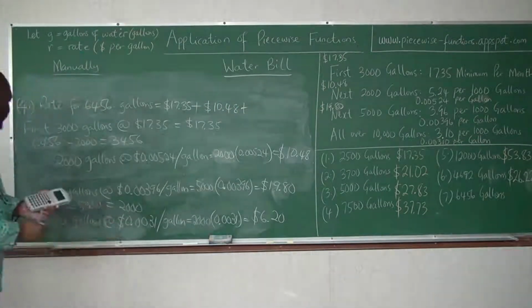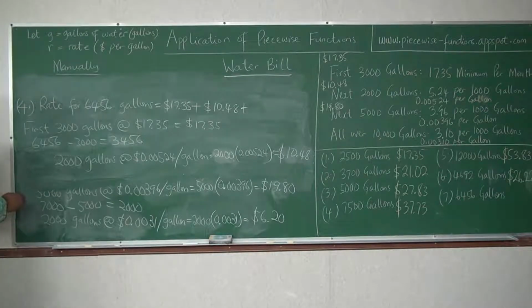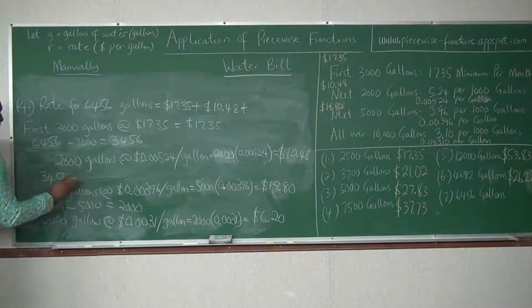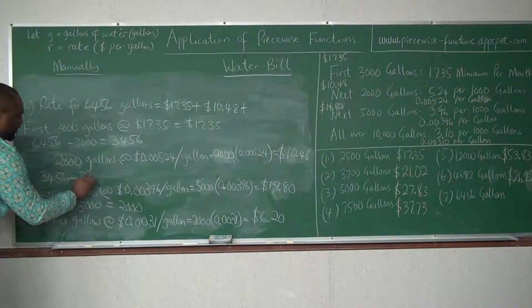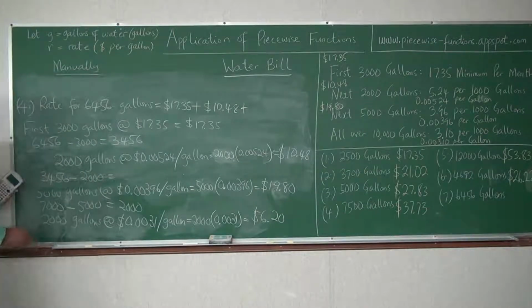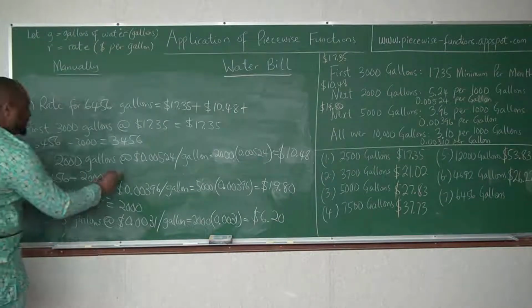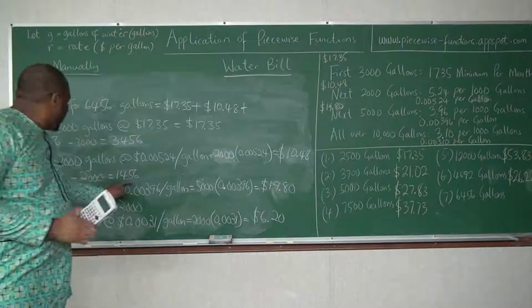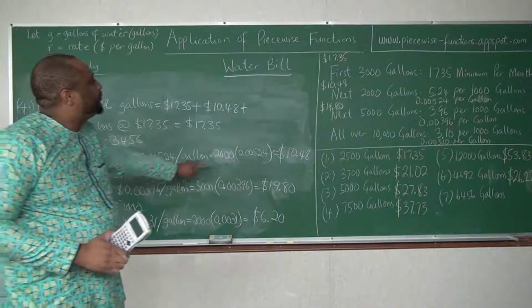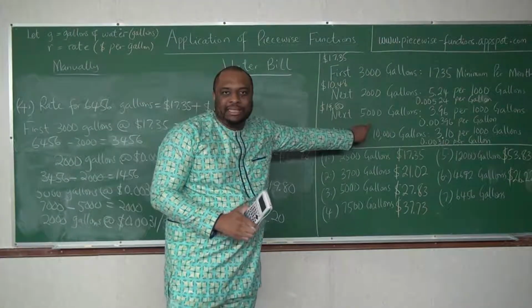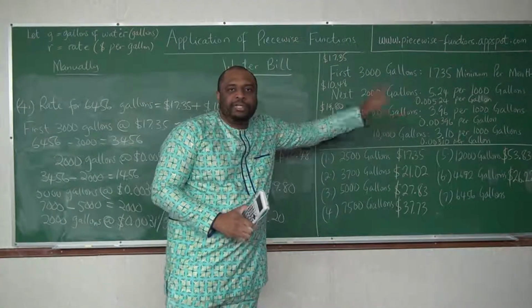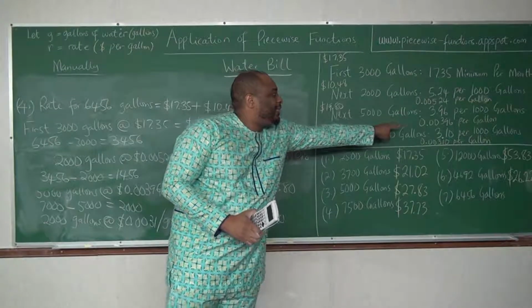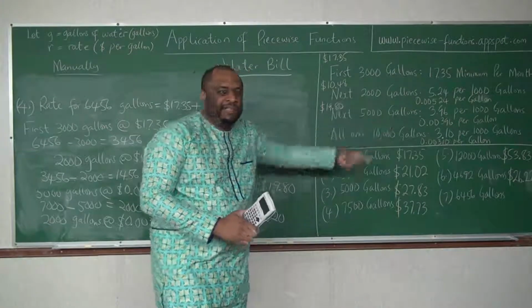Plus, now we do 3,456 minus 2,000, and that gives us 1,456. Now this 1,456 gallons falls in the next 5,000 gallons, so it will be at that rate.